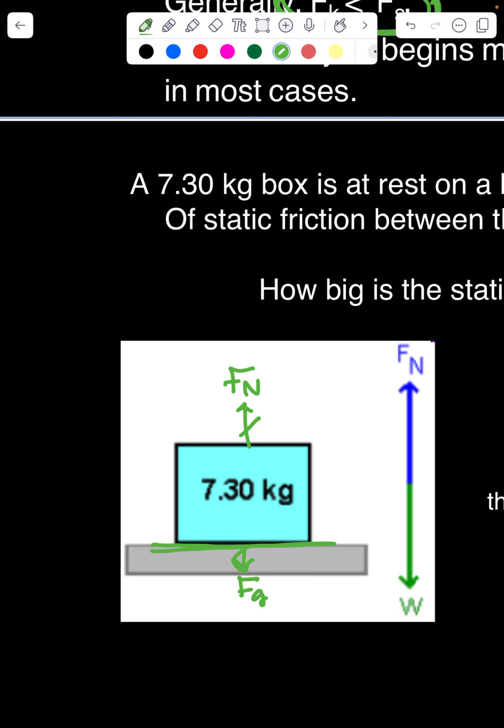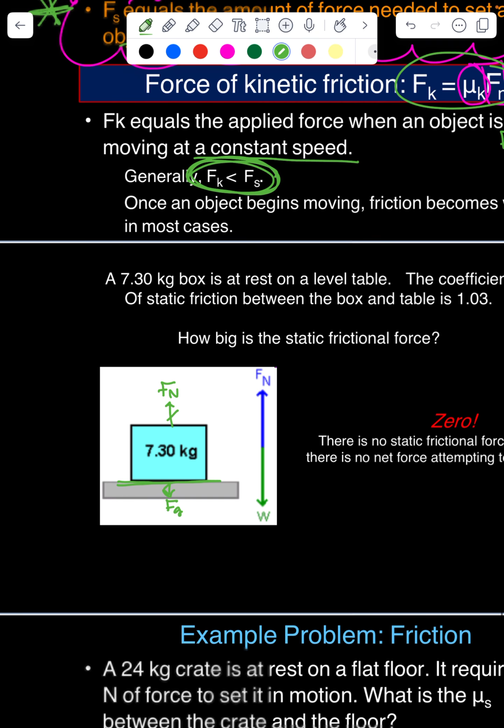We do not have anything pushing it, so there's no applied force and no tension force pulling it. Because there is no force trying to push it, there is no frictional force having to work against it. So the amount of static frictional force present here is 0.